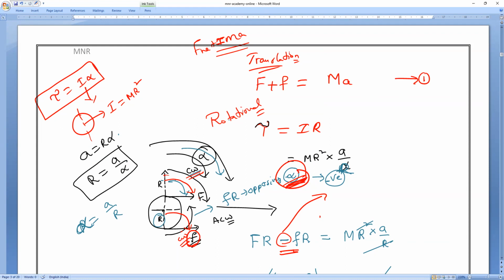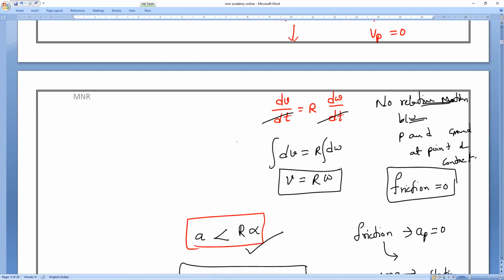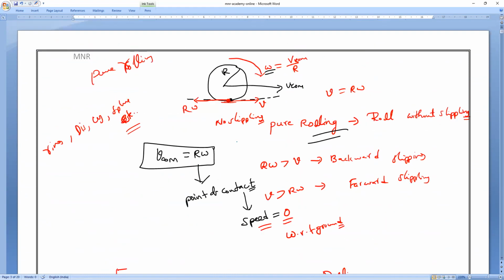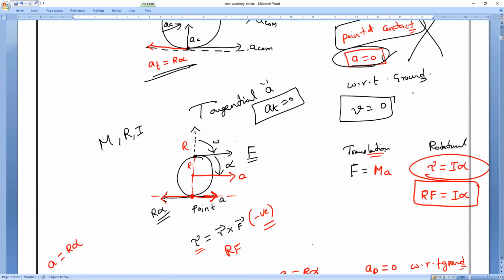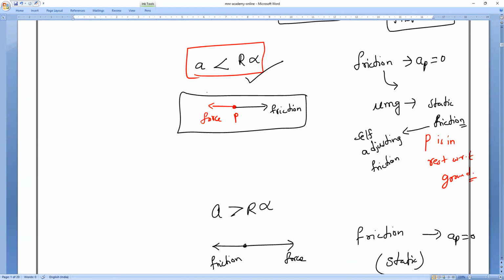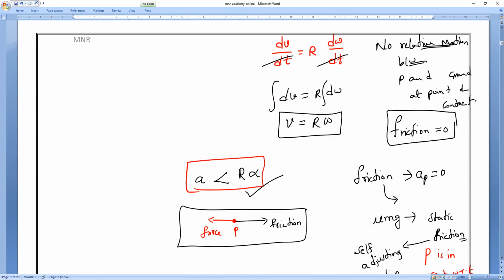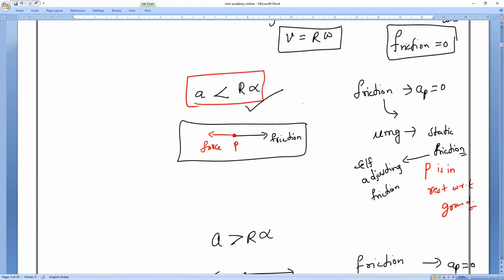So friction may be 0. That is what the first three cases started with. If A is equal to R alpha, then friction is 0. If A is less than R alpha, then friction is self-adjusting: the force is exerting backward, and friction is exerting forward.